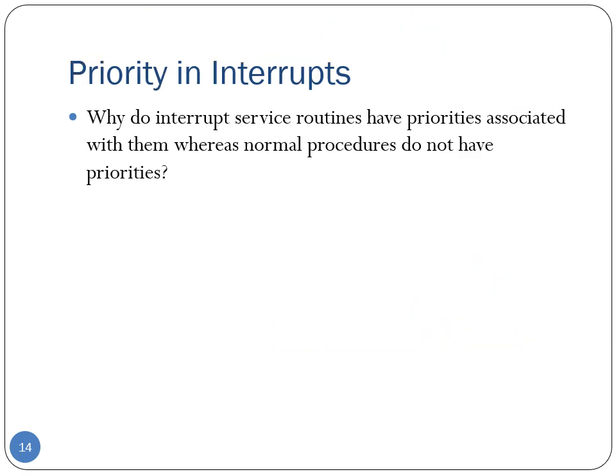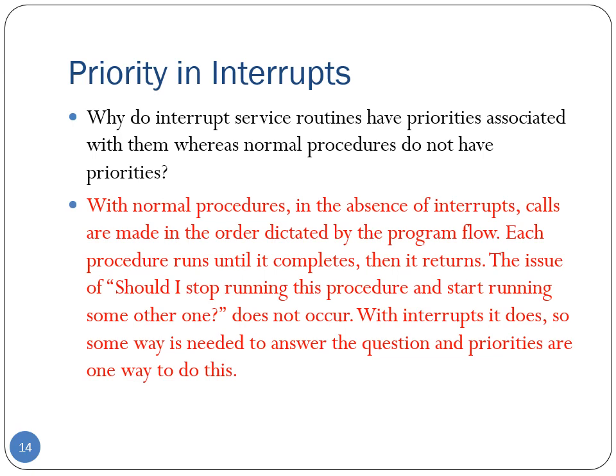So the next question over here is, why do interrupt service routines have priorities associated with them, whereas normal procedures do not have priorities? So let's think about how processes execute functions, right? So let's say in your code you have a function fun, and let's say this function calls fun1, and then it calls fun2, right?